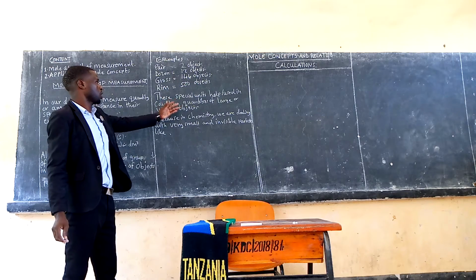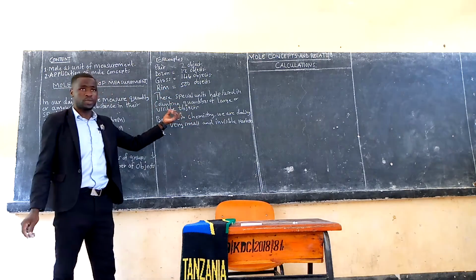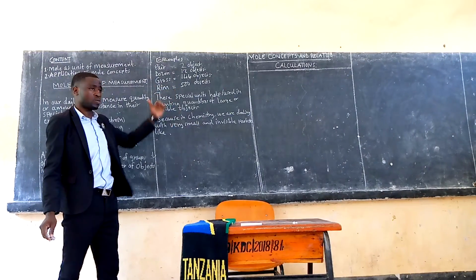So the special units are used in counting the quantity of large or visible objects. Examples: pair, dozen, ream, gross. These are used for counting visible objects.